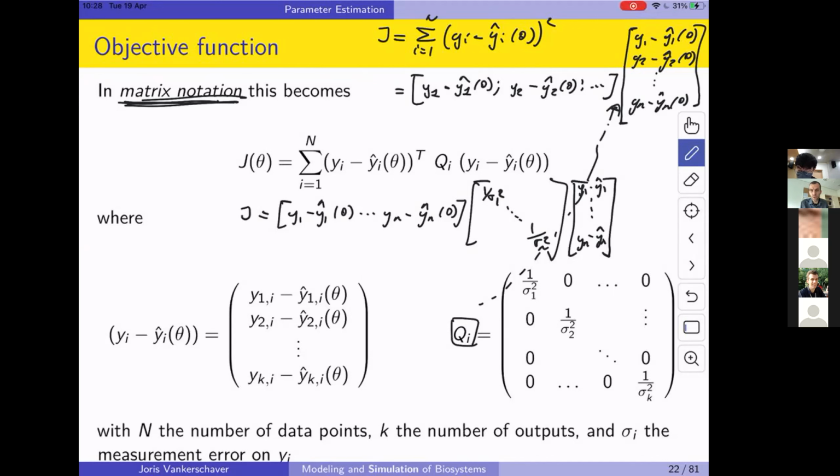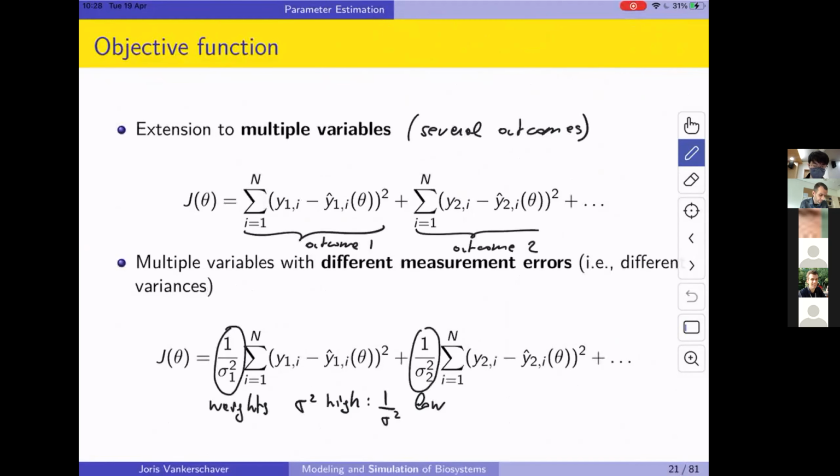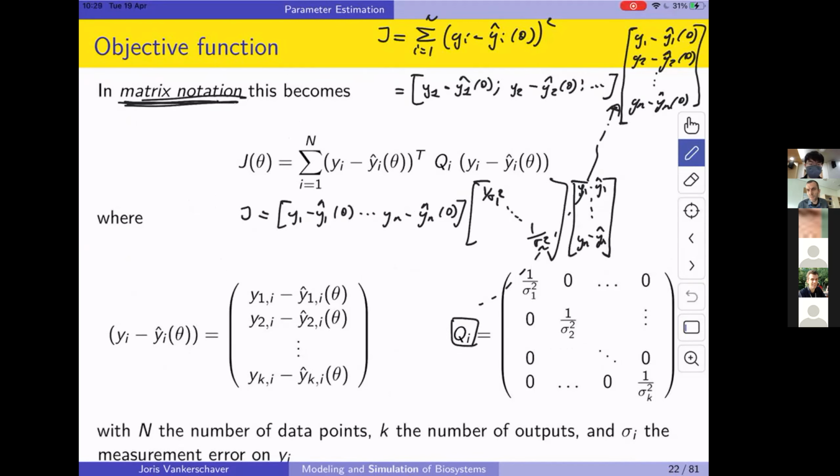I'll leave it to you to do that matrix multiplication, and what you will get is the expression that we had on the previous slide. This is just bookkeeping at this point. It's just a different way of writing the objective function, and one that's going to be easier to handle in what follows.